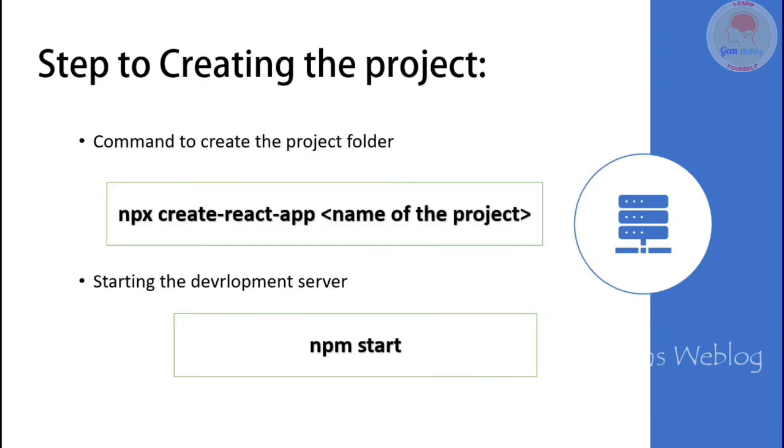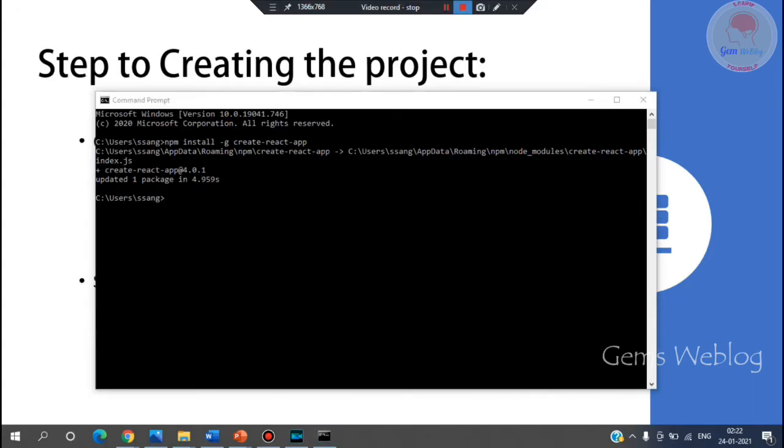Next we are going to create a React project. For this we have to use the command npx create-react-app and the name of your project. Here, as an example, I am giving app.